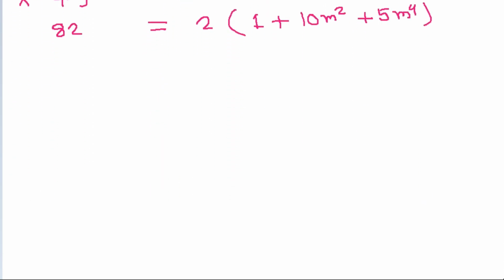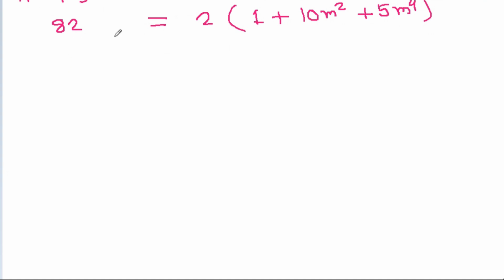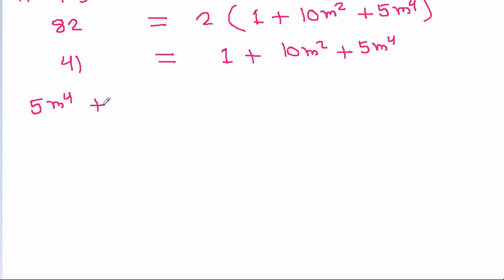And 82 by 2 is 41, that is equal to 1 plus 10m square plus 5m power 4, and it is 5m power 4 plus 10m square, and 1 minus 41 is minus 40, that is equal to 0.